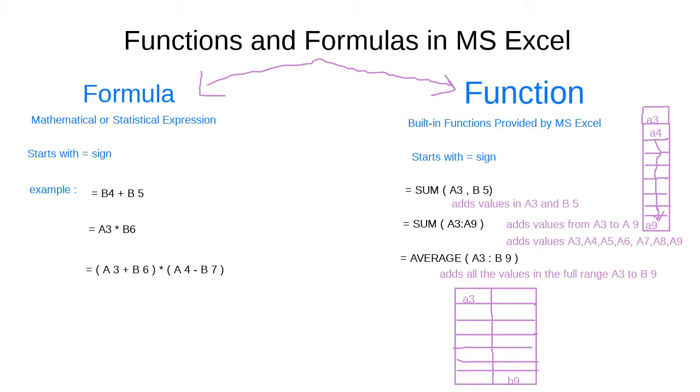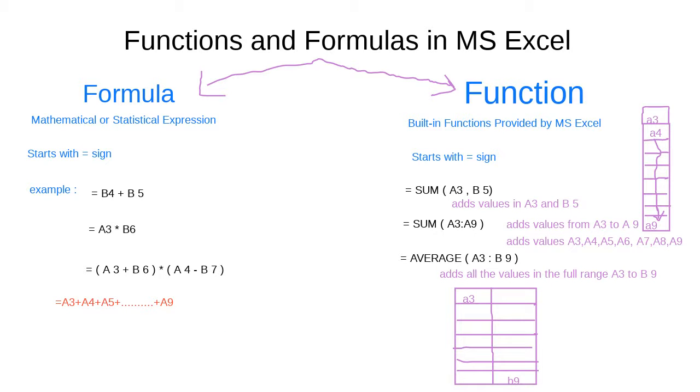You have to type equal A3 plus A4 plus A5 plus so and so on, plus up to A9. So this is what you should type if you are going to use the Microsoft Excel formula.